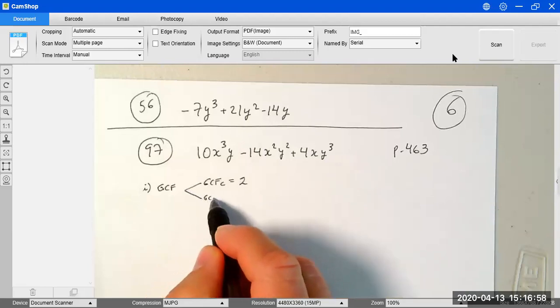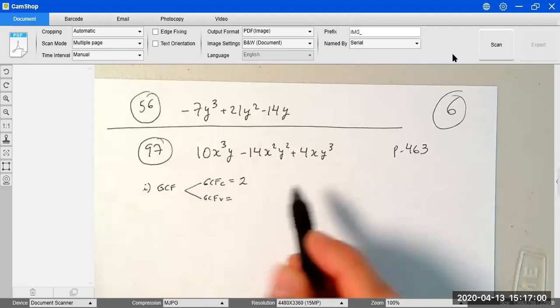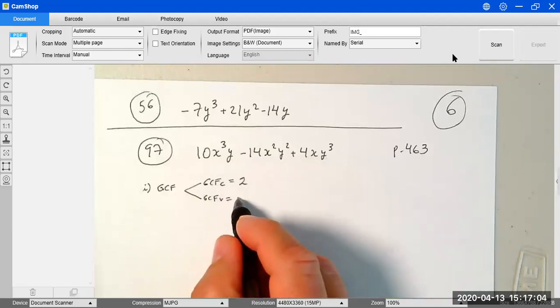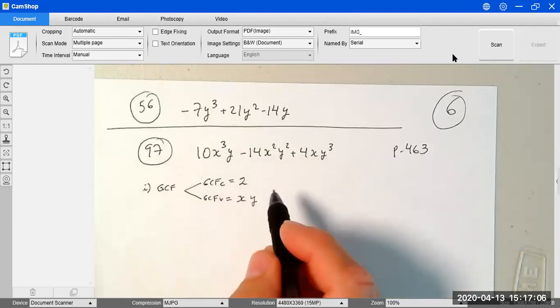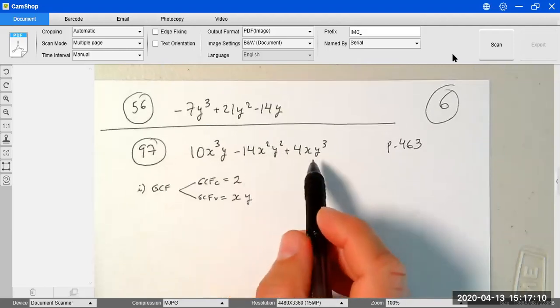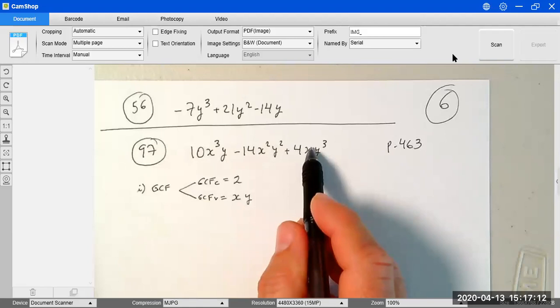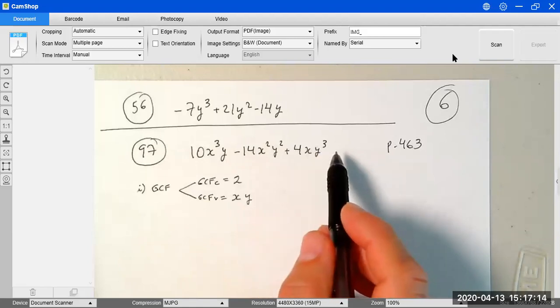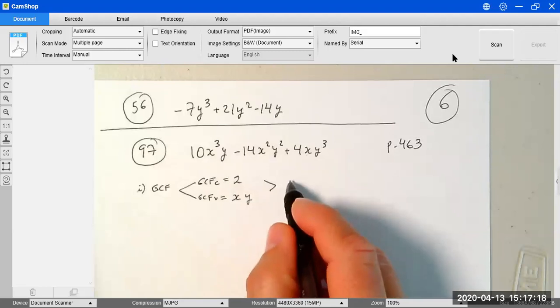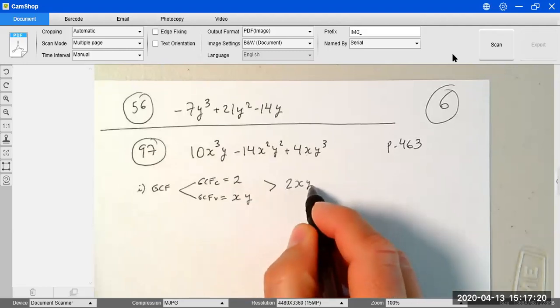Then the greatest common factor for variables, we have x and y appearing in all the terms, so we have x and y. Now the exponents, the lowest exponent of x is just 1, is here. The lowest exponent of y is 1, is also here. So the greatest common factor is going to be 2xy.